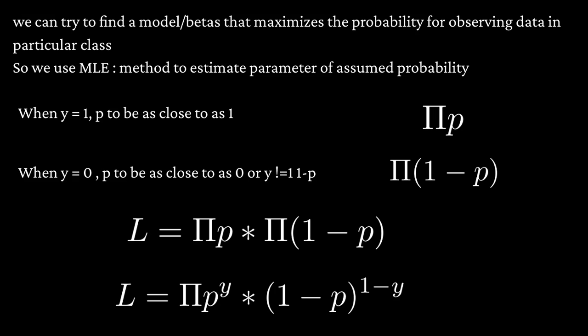What is the value of beta at which you will find the most amount of your observed data, or the value which explains the most amount of your observed data or particular class? That is likelihood. Likelihood and probability are different, and you may be confused by my words, so I will show you in a different way.